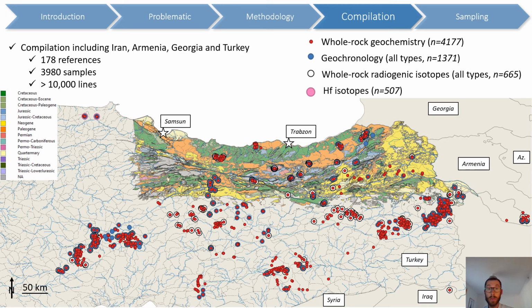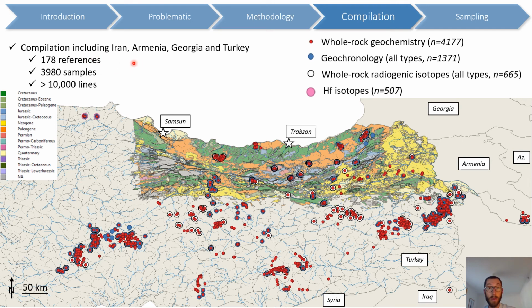Just to show you a few examples of compilation and sampling I've done. This is a compilation of the geological information that includes Iran, Armenia, Georgia, and Turkey. What you can see on this map are all the samples I collected from the literature.